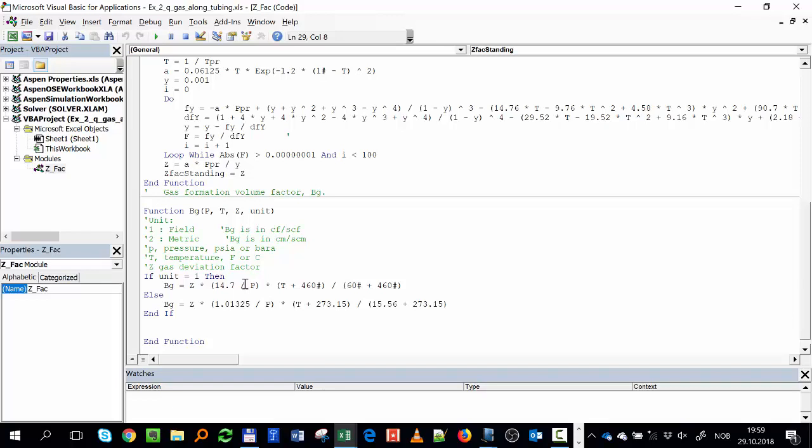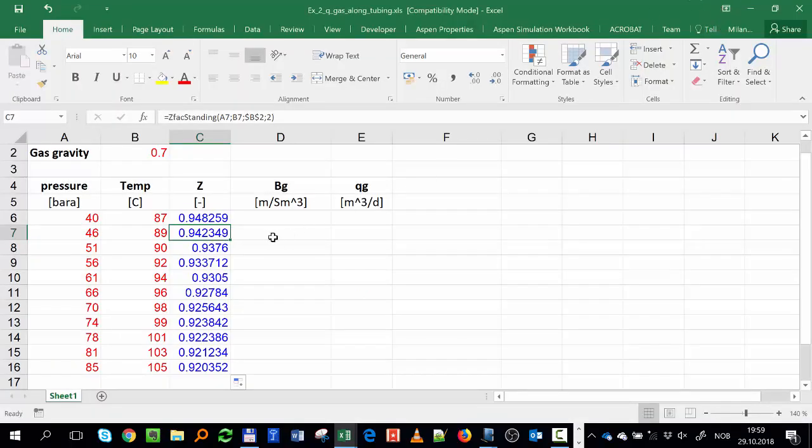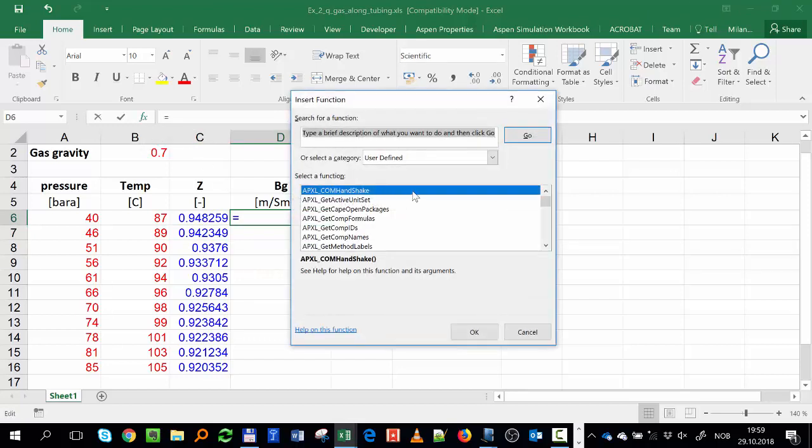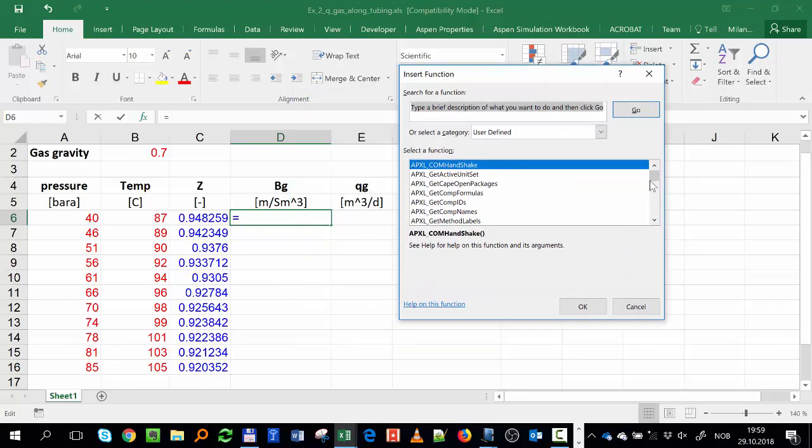Okay, so let's use that expression now. We go back, you can press Alt F11 again. Okay, and we do exactly the same way. Click on BG, insert function, user defined.